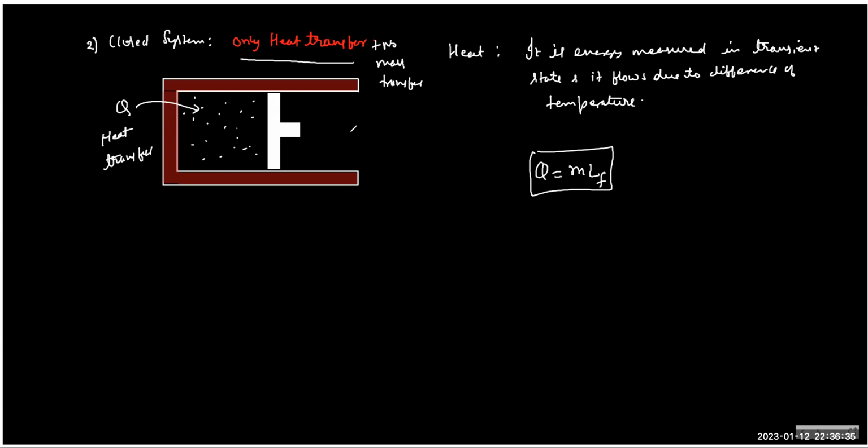It's a hard surface. So can we move the boundary? No, sir. So what kind of transfer is not possible in a glass jar? Work transfer. Can we do the mass transfer? No, sir. It means it is a closed system.